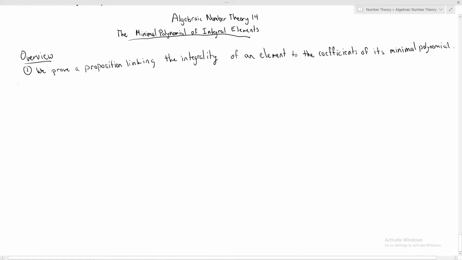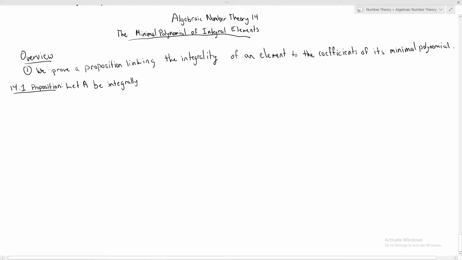So I'll go ahead and state the proposition. This is going to be 14.1. Proposition. Let A be an integrally closed integral domain. This is an important condition.